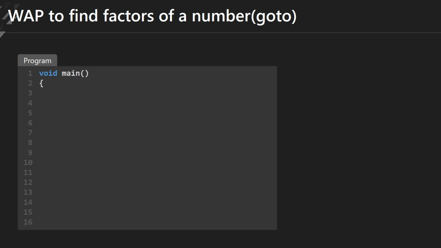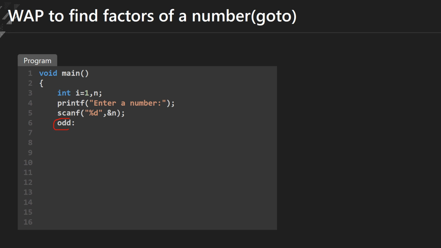I need to write a program for finding the factors of a number. I have used this same example on multiple occasions in my previous videos and in the beginning of this video. Look at that. We are initializing i equal to 1, entering the number n and scanning it. Here a label is given.